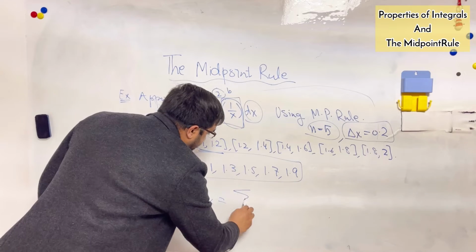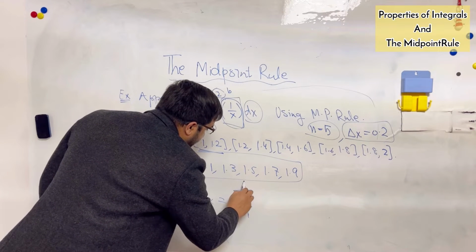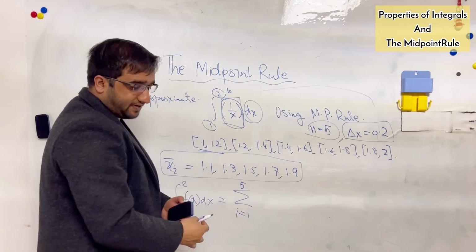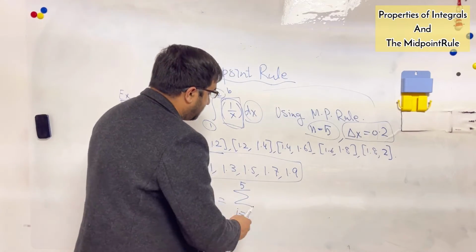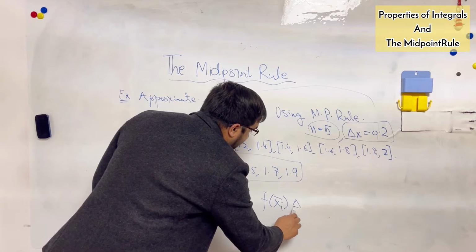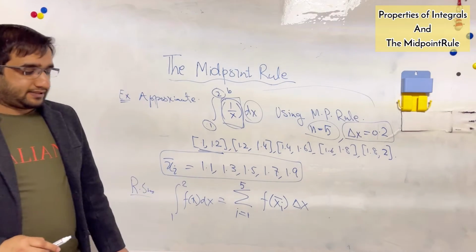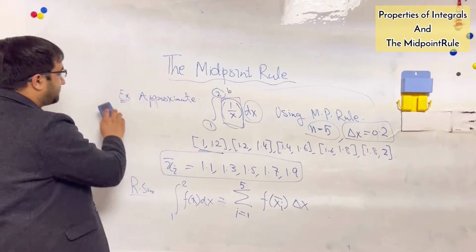We will say the sum from i equals 1 to n, which in this case is 5, of f of x i bar delta x. Now, do you know how to solve this?